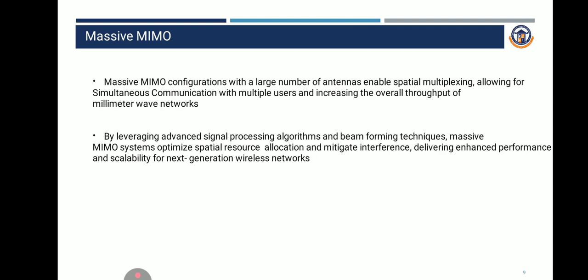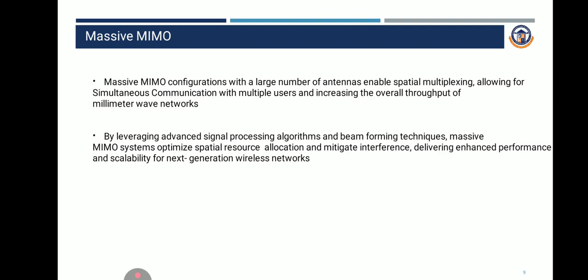The use of multiple antennas helps to mitigate the effects of signal fading and interference, leading to a more reliable connection. And it also has higher capacity, because MIMO can improve the overall capacity of a wireless network, allowing it to handle more users and efficiently handle the data traffic. For example, we can take Wi-Fi and 5G networks, and we can also take satellite communication and wireless sensor networks as examples of MIMO.